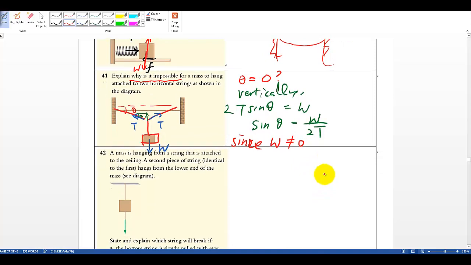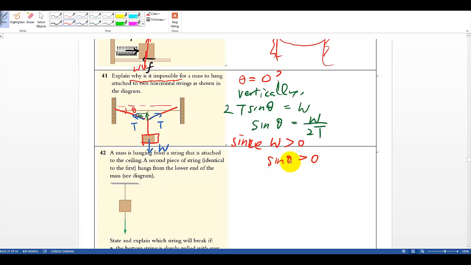Anyway, back to here. Since W does not equal 0, the tension for sure won't be 0 either in that case. So for sine, I should say it should be greater than 0. Okay, I think that is better. So in that case, sine theta for sure would be greater than 0.